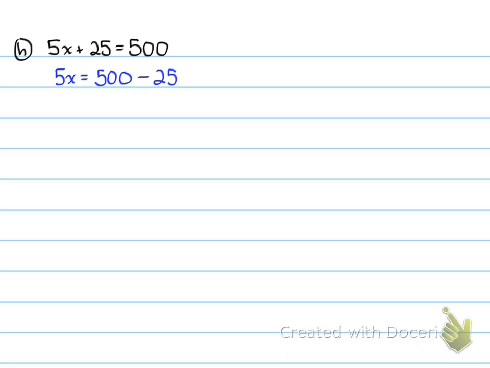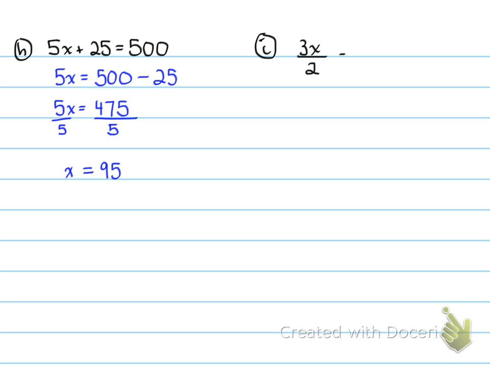It becomes minus 25. 500 minus 25 means that we will get 5x equals 475. Now when we have that, what we want to do now is divide both sides by 5. What you end up with is x is equal to 475 divided by 5 is 95. That's right, the answer here is 95.